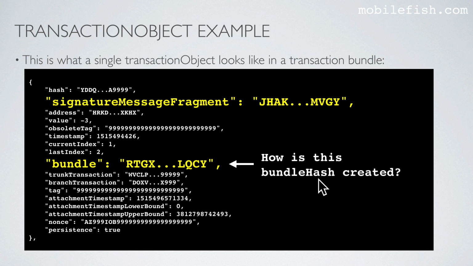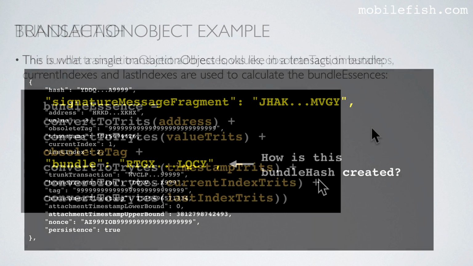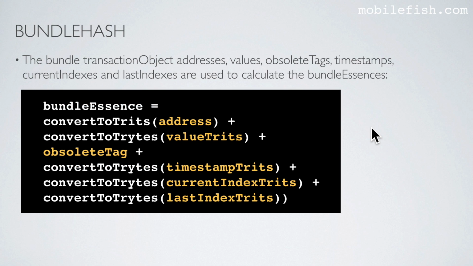Let's see how the bundle hash is created. The bundle transaction object addresses, values, obsolete tags, timestamps, current indexes, and last indexes are used to calculate the bundle essences. This is the code to calculate the bundle essence.